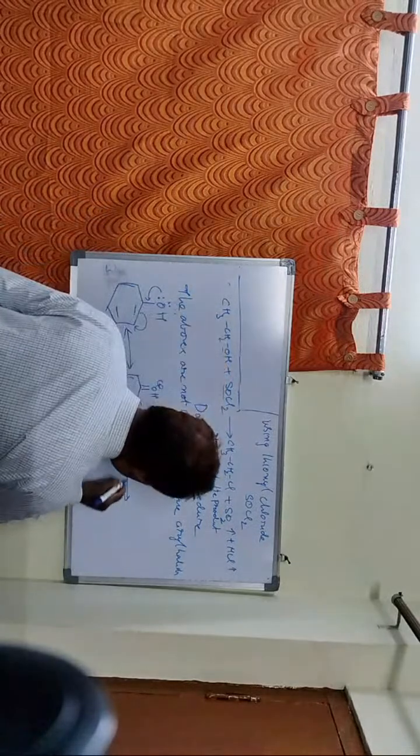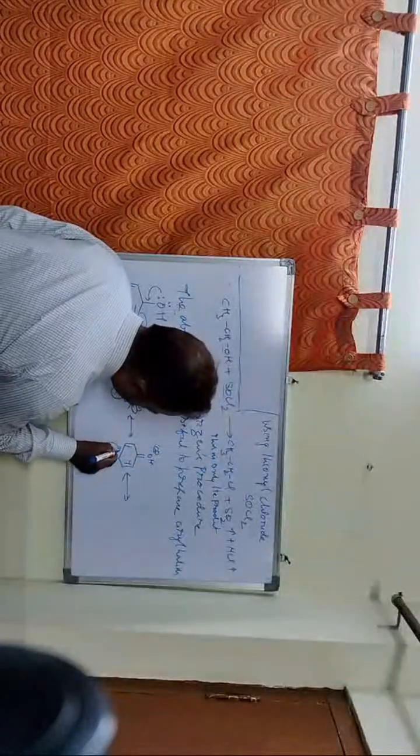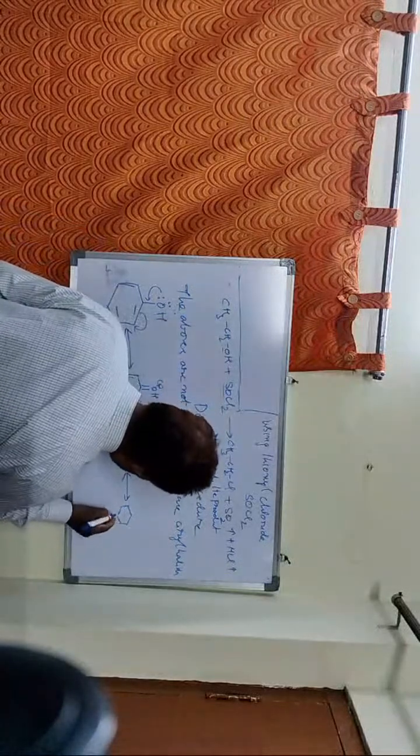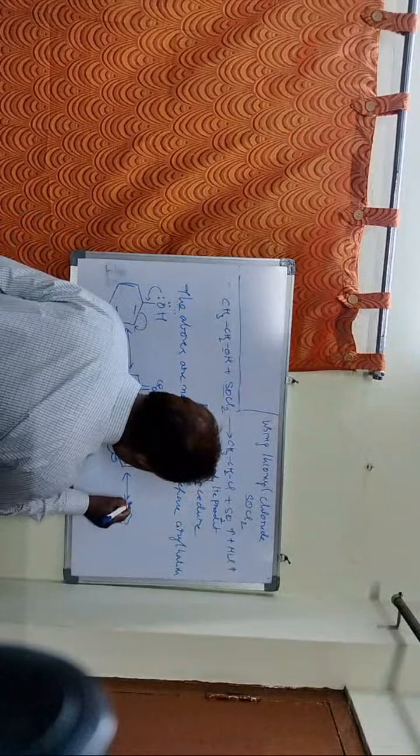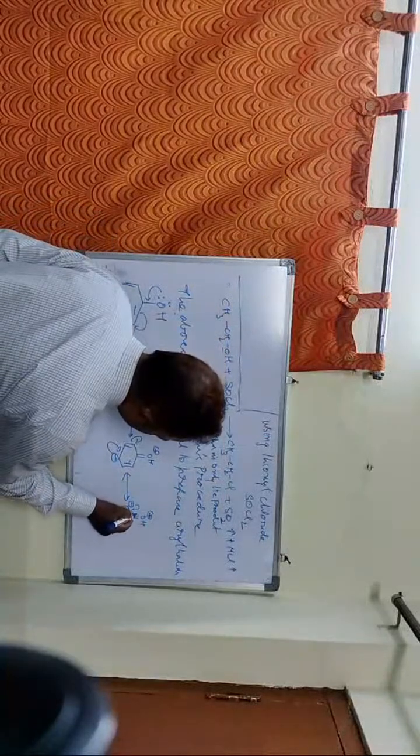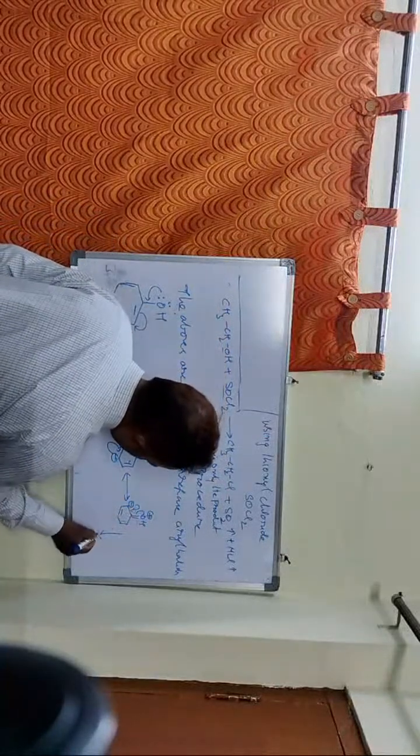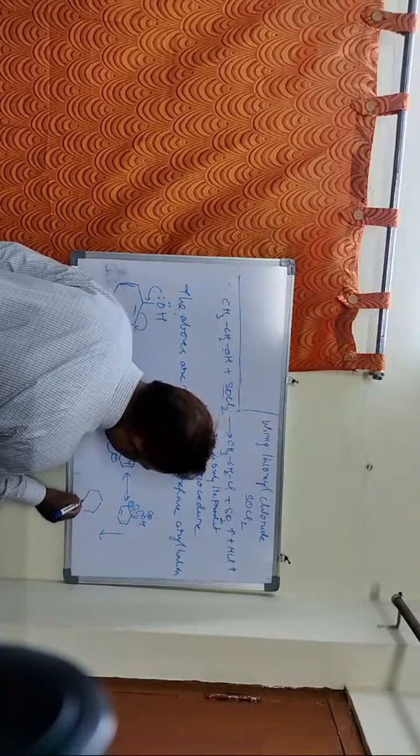And again, this charge shifts here. Therefore, what do we get here? This is in this manner minus. This is plus. Now finally this bond shifts here. Therefore, what do we get? In this manner.